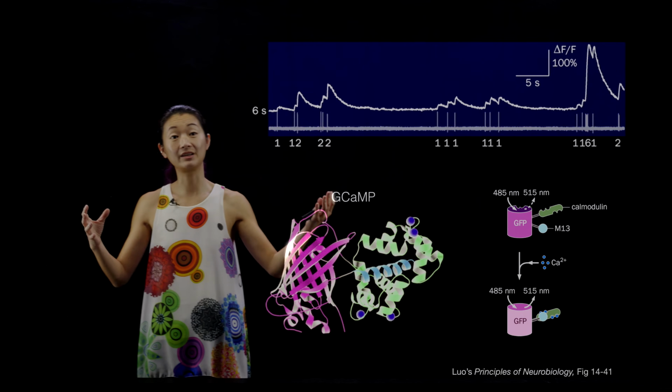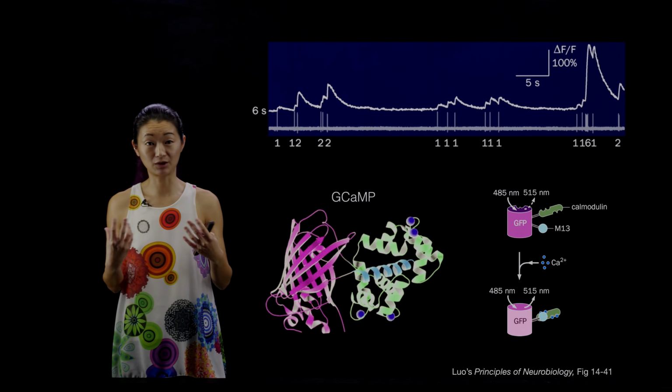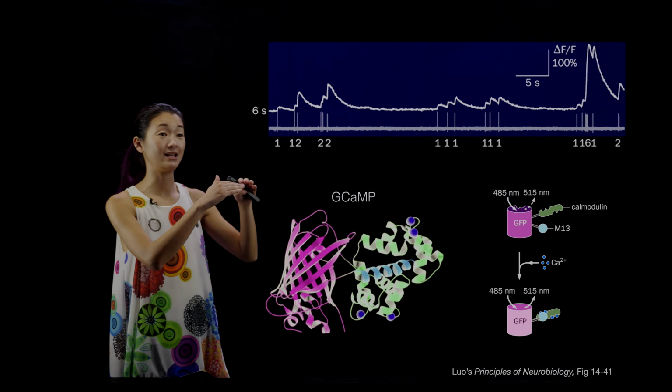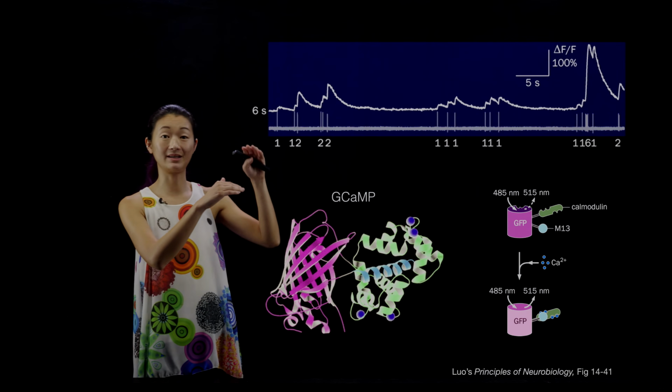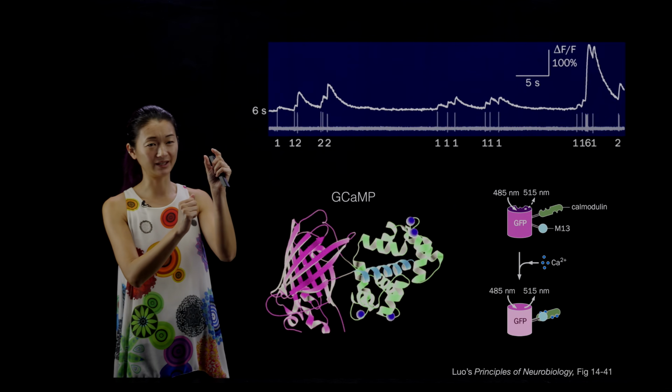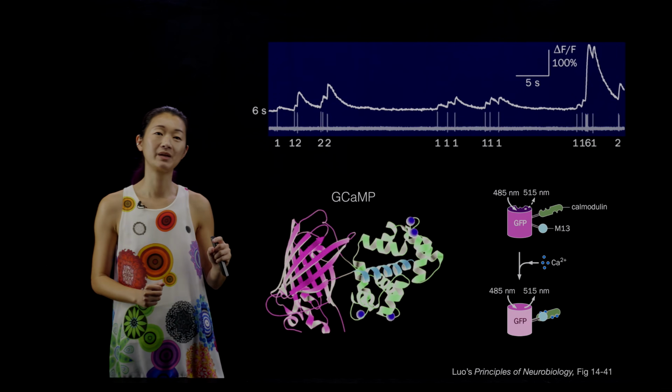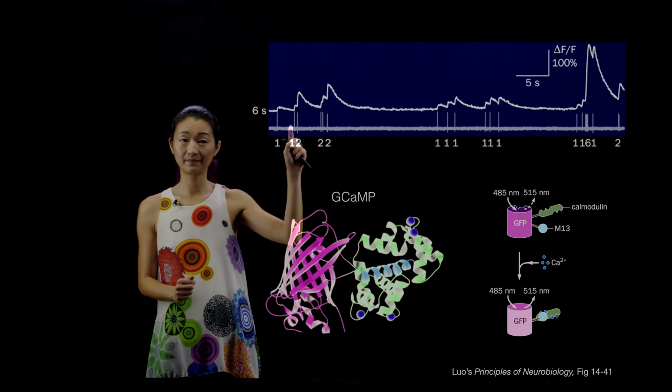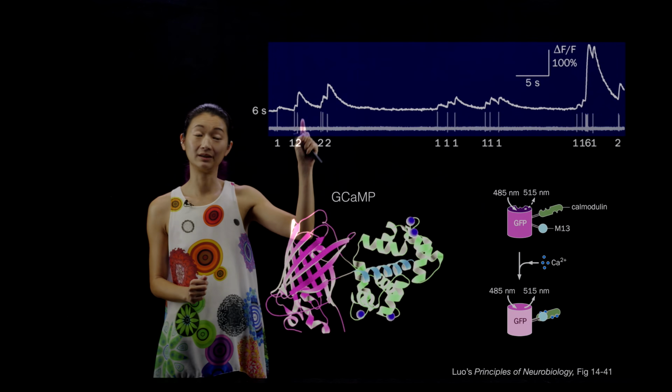And what you'll see is every time there's an action potential, because there's an influx of calcium that's associated with that action potential, there is a corresponding increase in the fluorescence of the GCaMP at exactly the same time, with a short time delay following that action potential. When there's one action potential, it goes up a little bit. When there's two, it goes up more, okay?